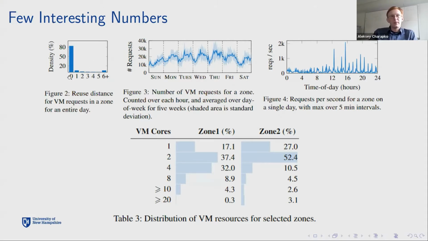By reuse distance, they mean that if someone submits a request for a virtual machine of type X, how many other requests are going to come in between the second request for the same virtual machine X. The number 0 says that in 80% of the times, the very next request is going to ask for the same virtual machine.